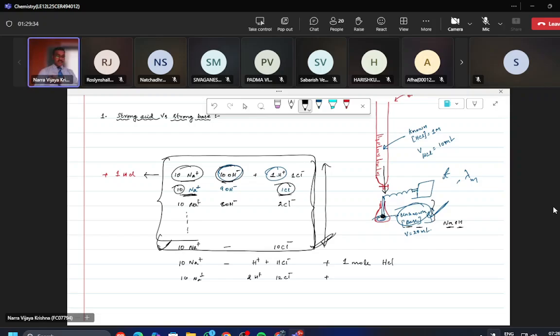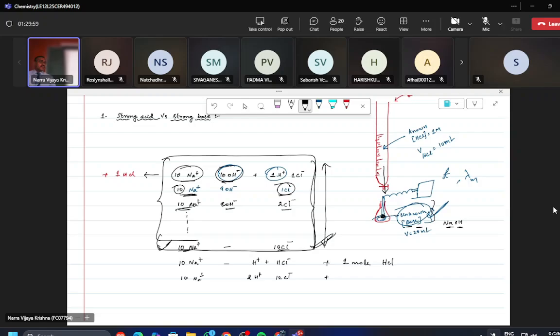Correct? 10, 8, 2. 10, 10. What happened to total number of ions? It doesn't change. Means till you reach the equivalence point, when I am titrating, the total number of ions doesn't change.